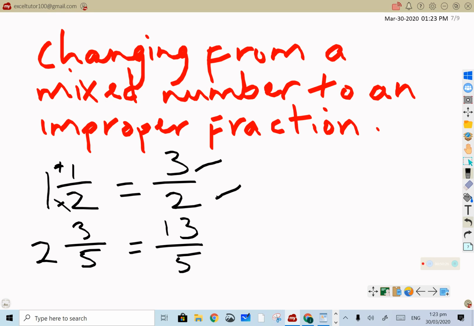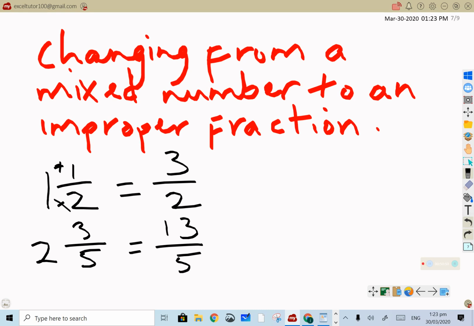Alright, now creating an improper fraction, the numerator is bigger than the denominator. 2 by 5 is 10, add 3 is 13, and we keep the same denominator. So the numerator is larger than the denominator, creating an improper fraction. So basically that is what we have to understand about what we're doing.